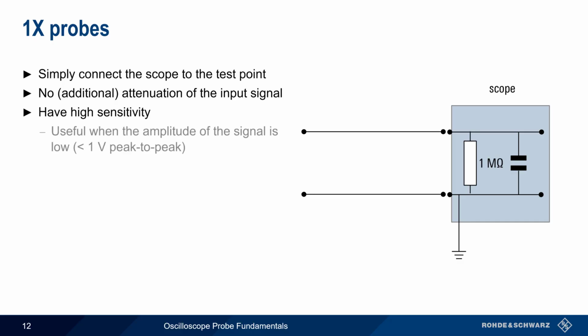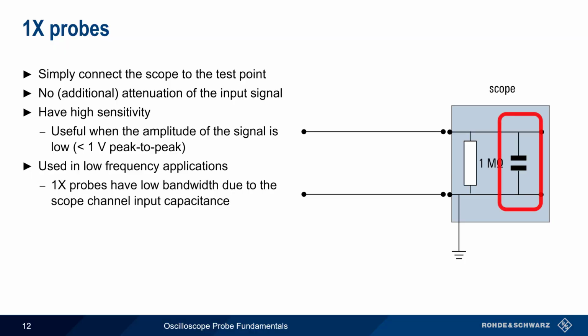A 1x probe, therefore, is useful when the signal level is low, say less than 1 volt peak to peak. 1x probes are also suitable for low-frequency applications. A 1x probe has low bandwidth because the input capacitance of the scope acts as a low-pass filter. This means that a 1x probe can be used to reduce or eliminate high-frequency noise that's riding on top of a lower-frequency signal.